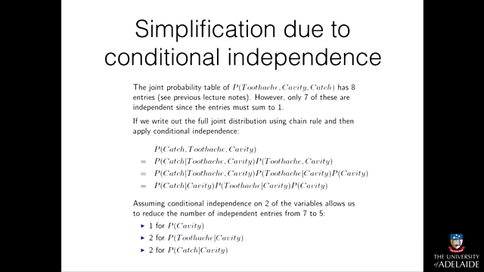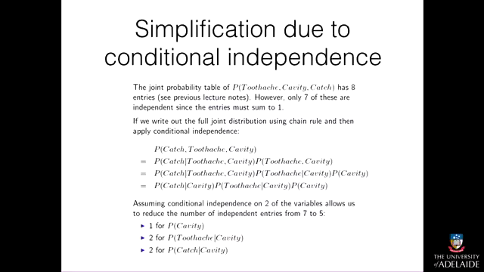Now let's imagine we have a joint probability with three random variables. We can just write it in this way. This is just the conditioning rule in probability. And we can further decompose this into this term. This is just the chain rule.